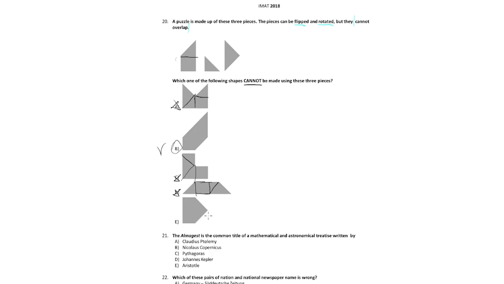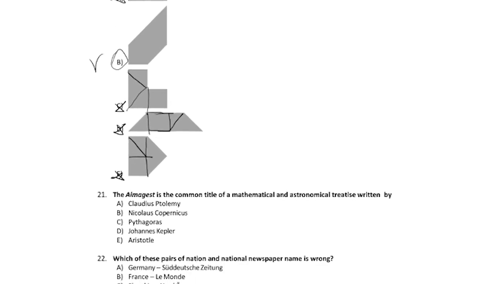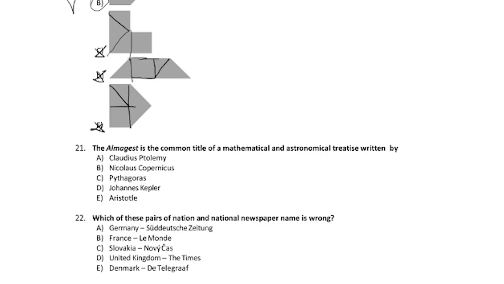Letter E can be made by putting this triangle here and either way by putting this triangle over here and this figure over here. So letter E is not our answer. And so we conclude that letter B is the only shape that cannot be made by piecing together or sticking together these three pieces.